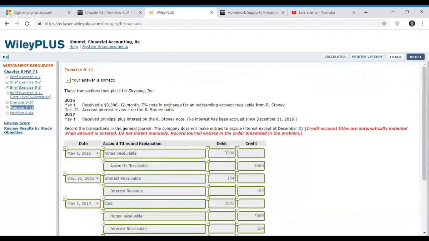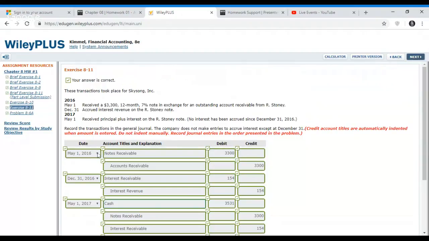On May 1st, they received a $3,300 12-month 7% note in exchange for an outstanding account receivable from R. Stoney. You can think of this as, before May 1st, we had an account receivable for R. Stoney for some product that we sold.